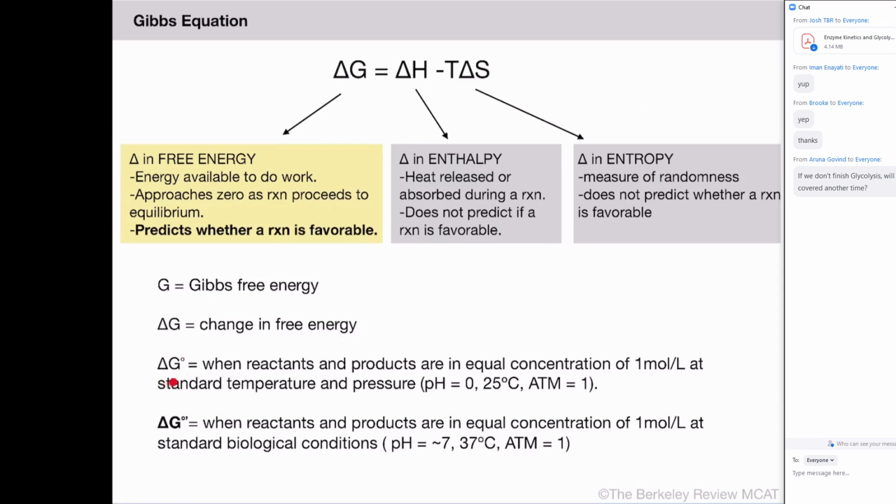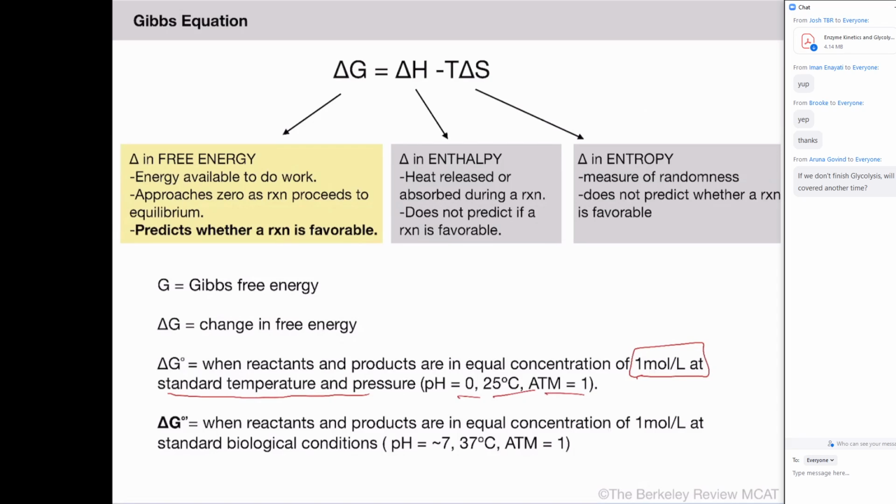And this is delta G under standard conditions. Okay, what are standard conditions? That's when the reactants and the products are going to be in equal concentrations of 1 mole per liter at STP, okay? Which is pH of 0, 25 degrees Celsius, and an atmospheric pressure of 1.